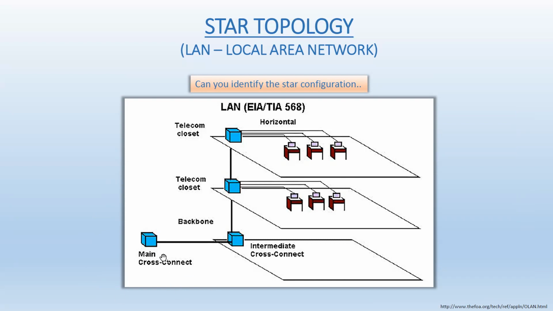They could be branching off, right? But for simplicity purposes, this is just shown like that. So then it goes to the intermediate cross connect closets or frames. This riser also will be called a backbone for the whole structure.